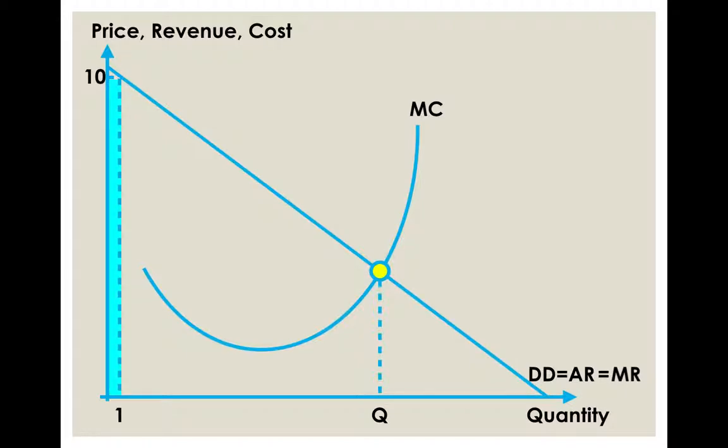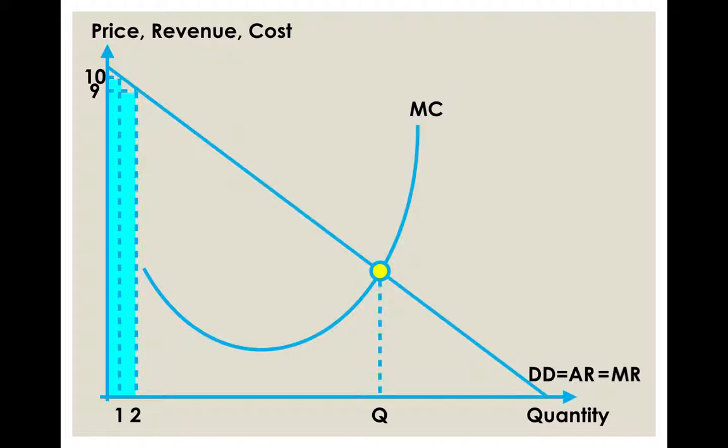For the additional second unit, the customer will be charged a maximum price of $9. So the additional revenue earned by the firm will again be the area under the curve, which is given by the blue strip.